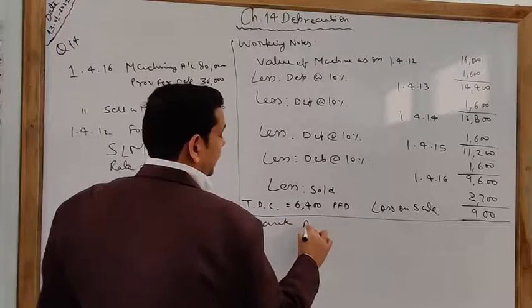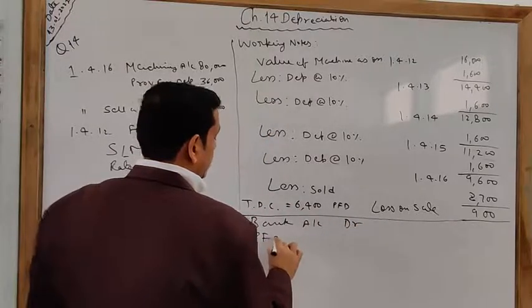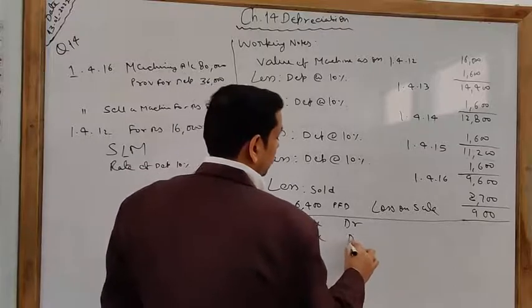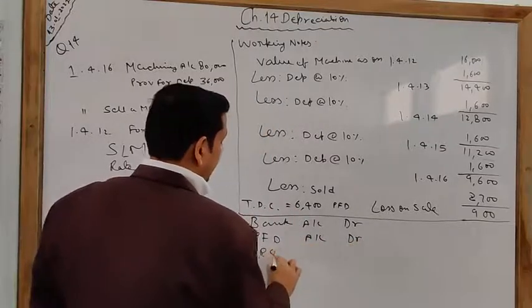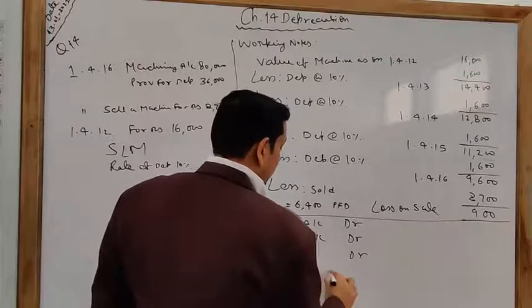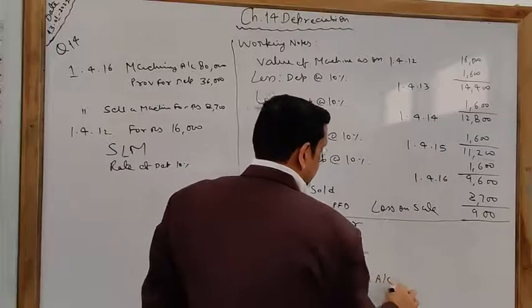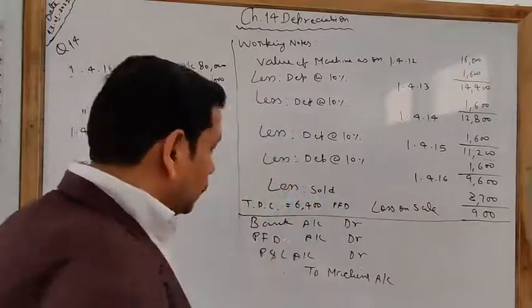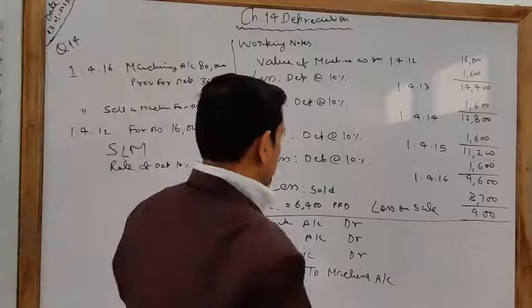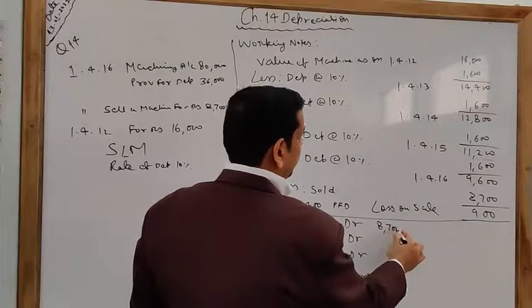Now see how to pass the journal entry. Bank account debit, provision for depreciation account debit, profit and loss account debit, to machine account. Clear? So see how much money is received, 8,700, that will come in the bank column.